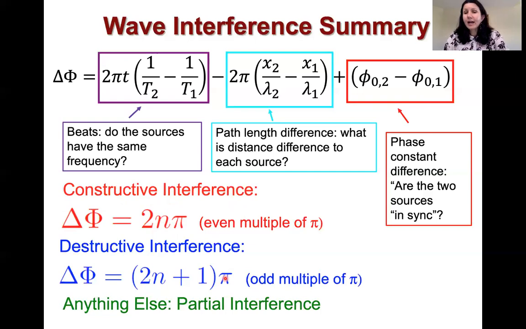So they subtract and you have no wave there, and no amplitude there. That's why it's called destructive interference. And the condition for that is that the phase difference has to be an odd multiple of pi. Of course, these are the extreme cases. Anything in between is known as partial interference.